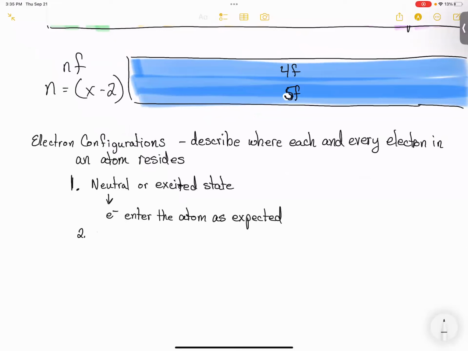We can describe the size of the atom. Now, there's a couple of things that are going to go into this. One of the things that will go into this is going to be the principal quantum number, which causes shielding.